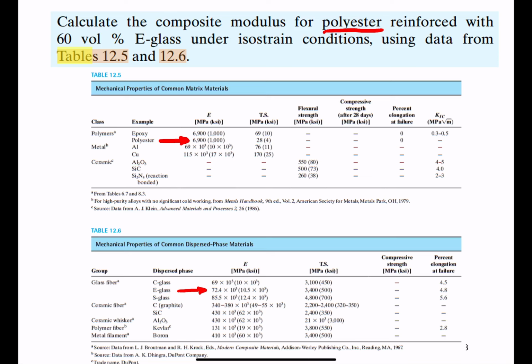Those will be the two constants we need, and then we need to use the volume fraction information here, to predict the upper bound or isostrain condition for the matrix. We'll do that next.